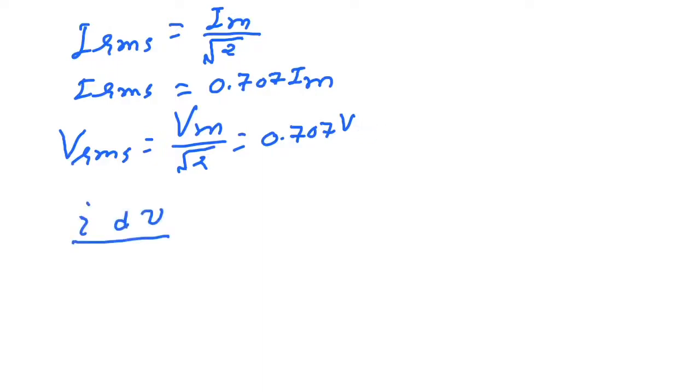In electrical engineering work, unless indicated otherwise, the value of given current and voltage are always RMS value. That means if simply V and I is given, then it means that V is the RMS value of alternating voltage and I is the RMS value of the alternating current.